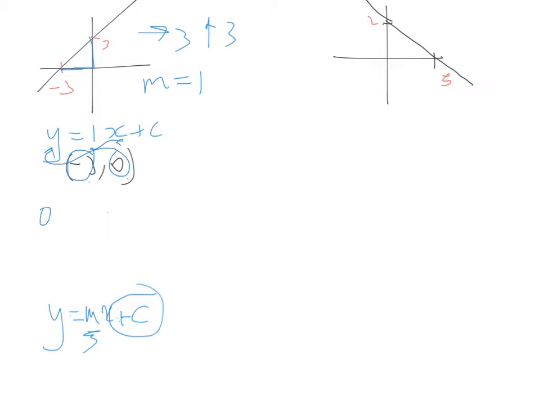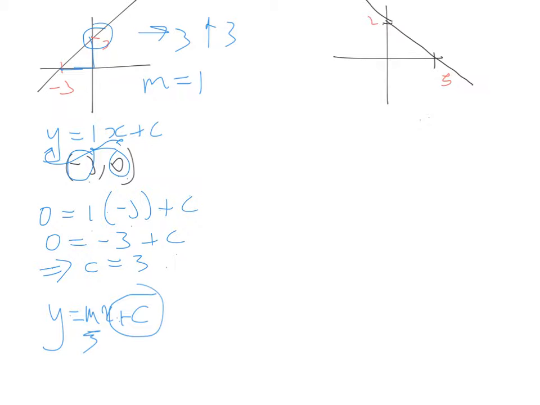So we've got 0 equals 1 times -3, plus c. So -3 plus some number equals 0. That number, c, has got to be 3, which is what we can see right there.